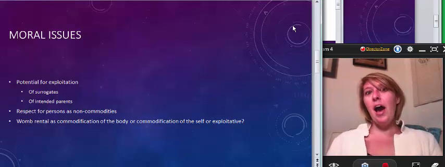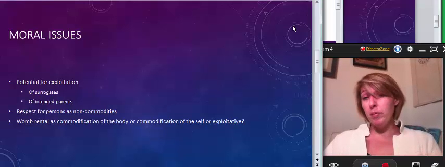Would allowing surrogacy, permitting surrogacy that is commoditized, that's commercialized, is that kind of commodification problematic and exploitative?